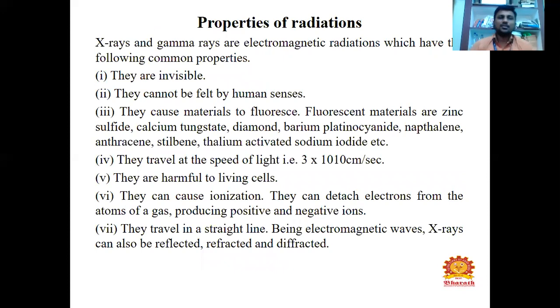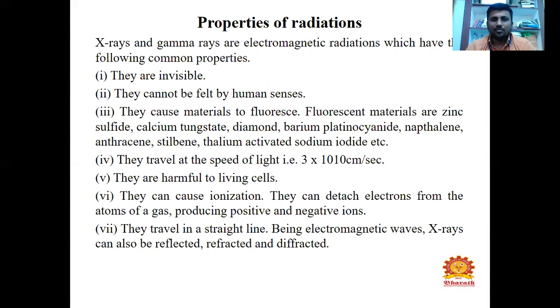The properties of radiation. X-rays and gamma rays are electromagnetic radiation, which have the following common properties. They are invisible, they cannot be felt by human senses, and they cause materials to fluoresce, such as zinc sulfide, calcium tungstate, and the like. The radiation travels at the speed of light.